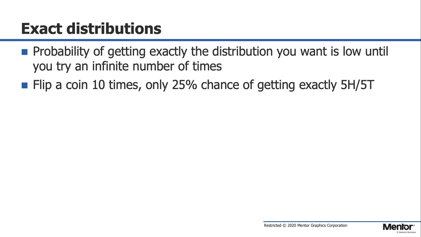Another problem that I see is that people expect to get exactly the probabilities they specify. So for example, if they flip a coin 10 times, you expect 5 heads and 5 tails. But in fact, if you work out the statistics, you actually have only a 25% chance of that happening.